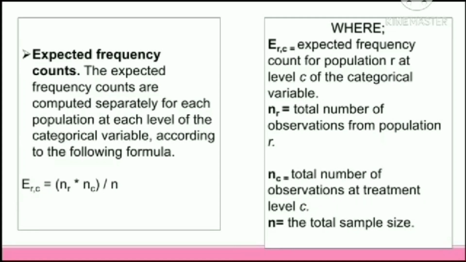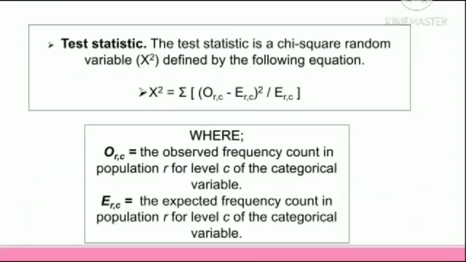E_r,c equals quantity n_r times n_c over n, where E_r,c is the expected frequency count for population r at level c of the categorical variable, n_r is the total number of observations from population r, n_c is the total number of observations at treatment level c, and n is the total sample size.